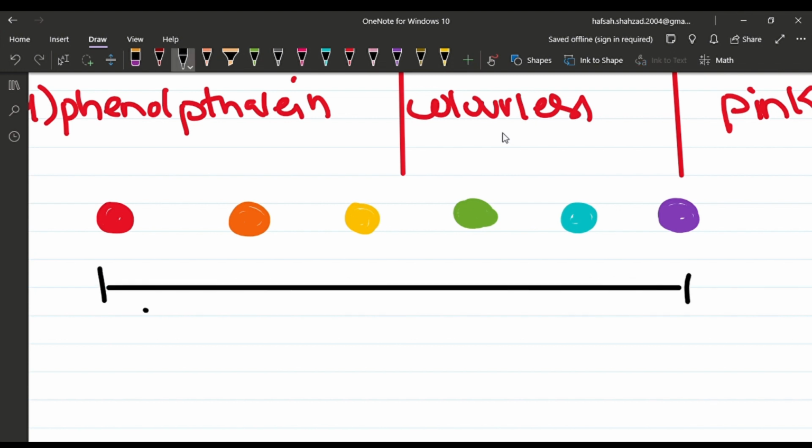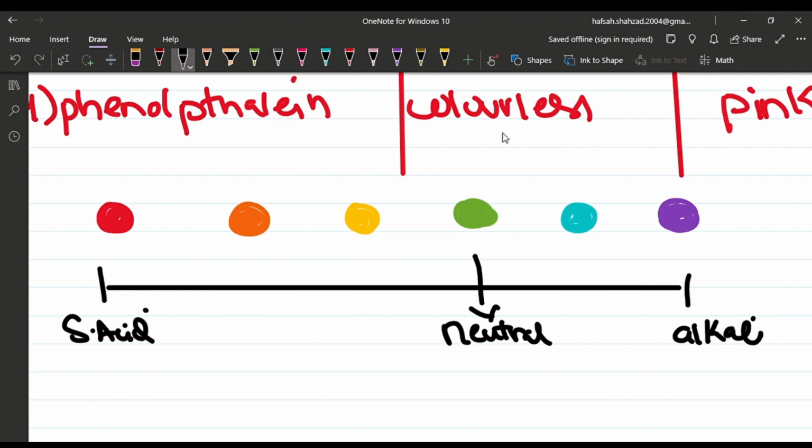Now this red is for a very strong acid. Green is for your neutral, and violet is for your alkali. So any alkali that has a medium alkalinity, for instance, a value of 9 or maybe 11, would give a blue color with universal indicator.